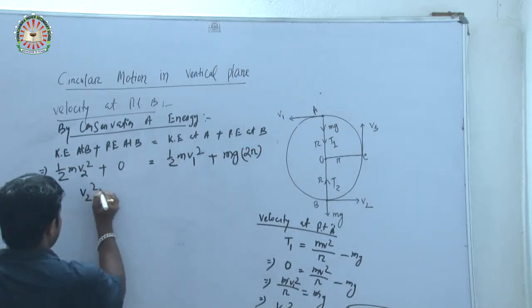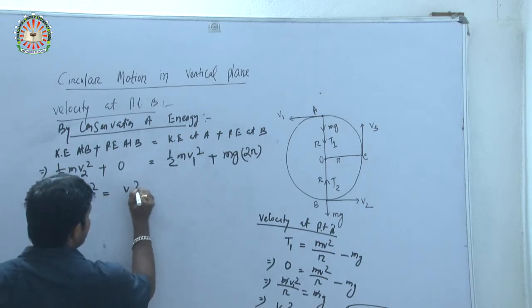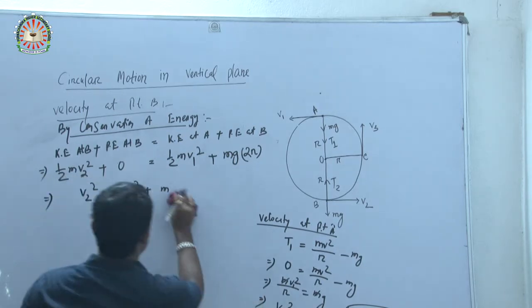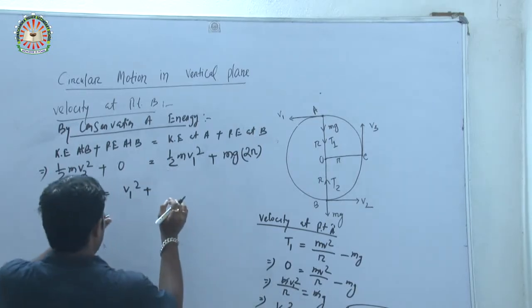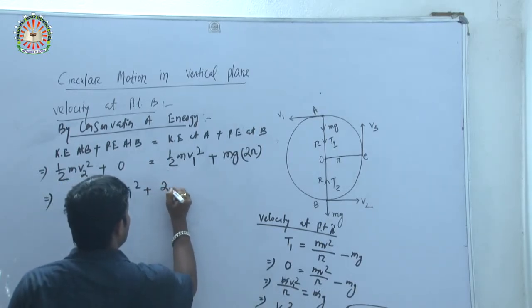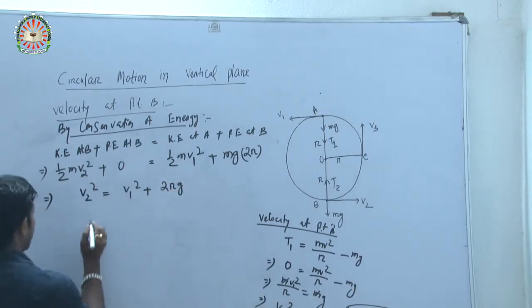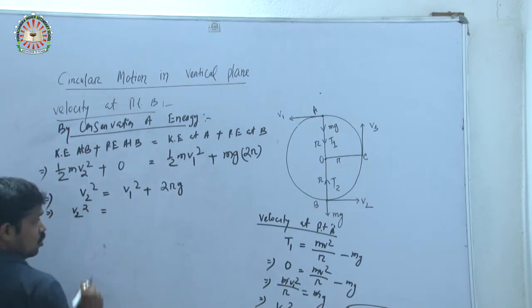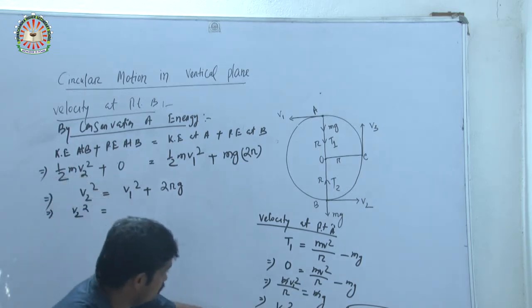So what can I write? V2 square is equal to V1 square plus 2RG. Now what is the V1 square I will get? Look very carefully: V1 square is equal to RG.